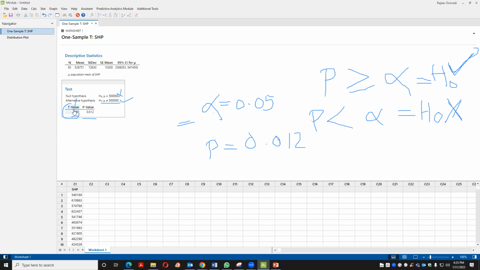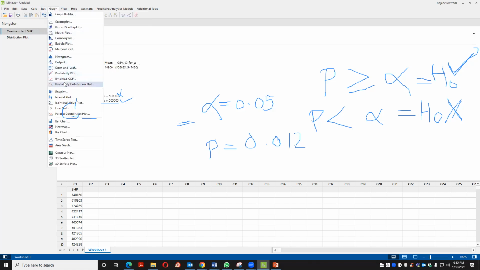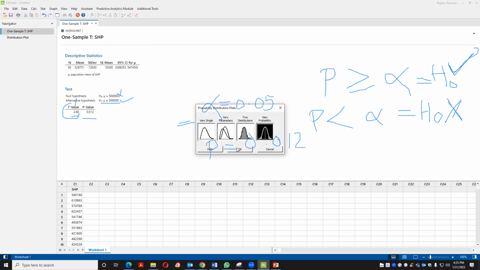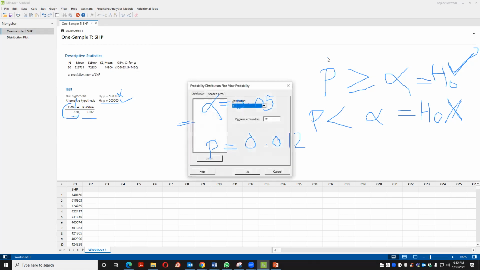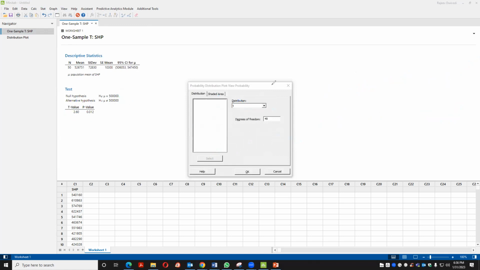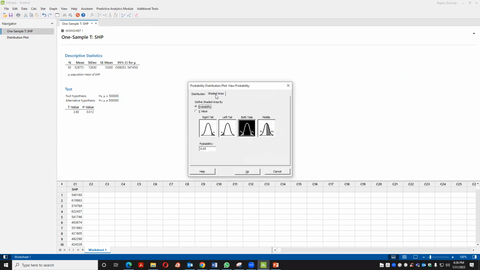Let me see at what percentage this is coming. So statistics, graph, probability distribution. And here we go. Now we need to put the X value: 2.6 and minus 2.6.